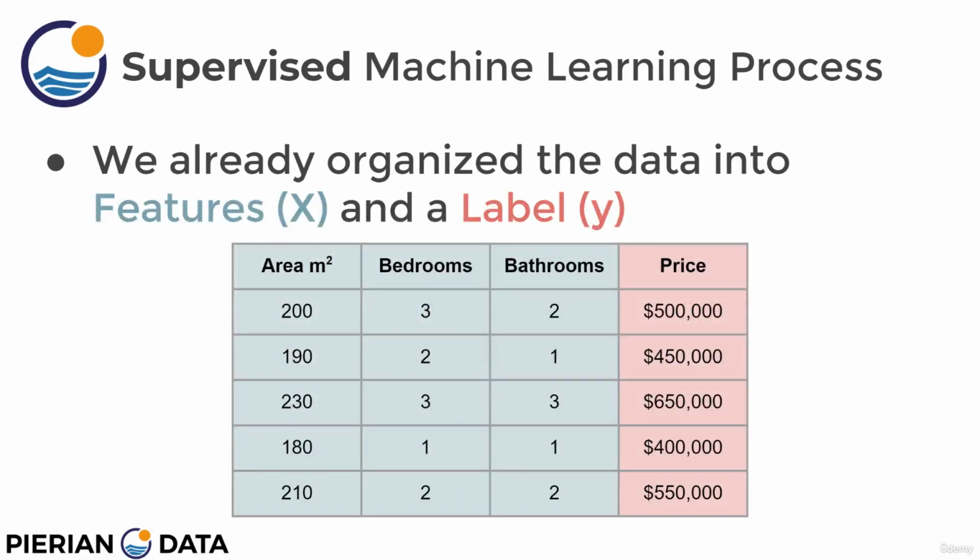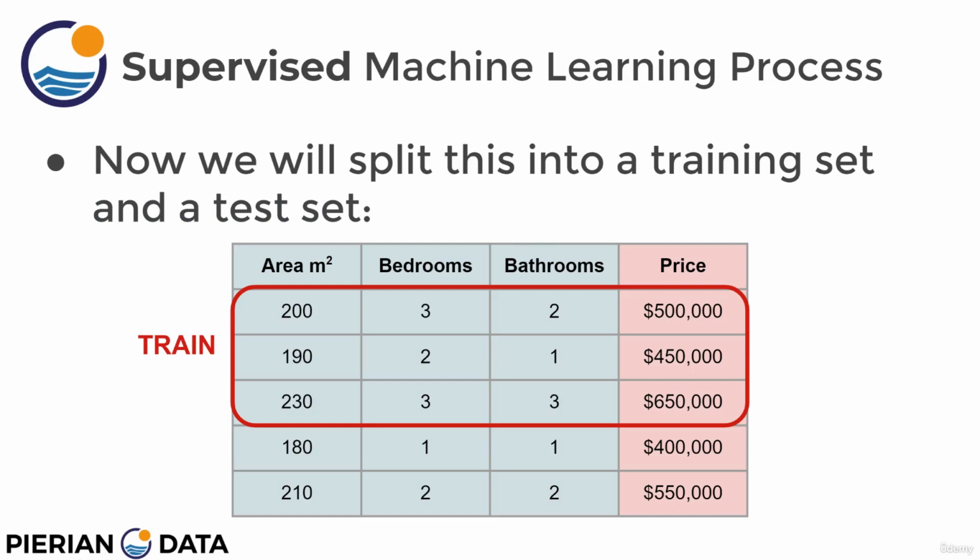So let's think about how we're actually performing this train test split. We already organized the data into features that we're calling X and the label that we're calling Y. What we're going to do is split this into a training set and a test set. This way we can feed the training set to our human realtor or our algorithm, have them learn off the training set, and then evaluate them off data they haven't seen before, which will be the test set.